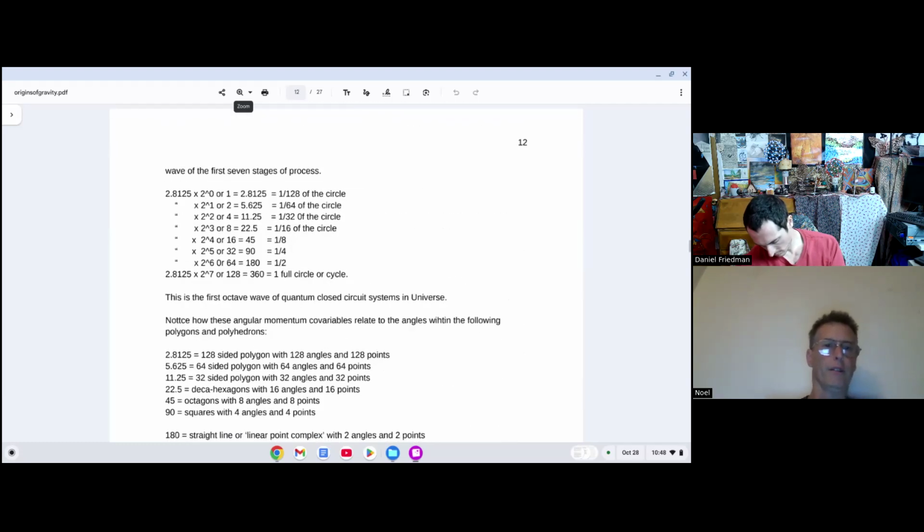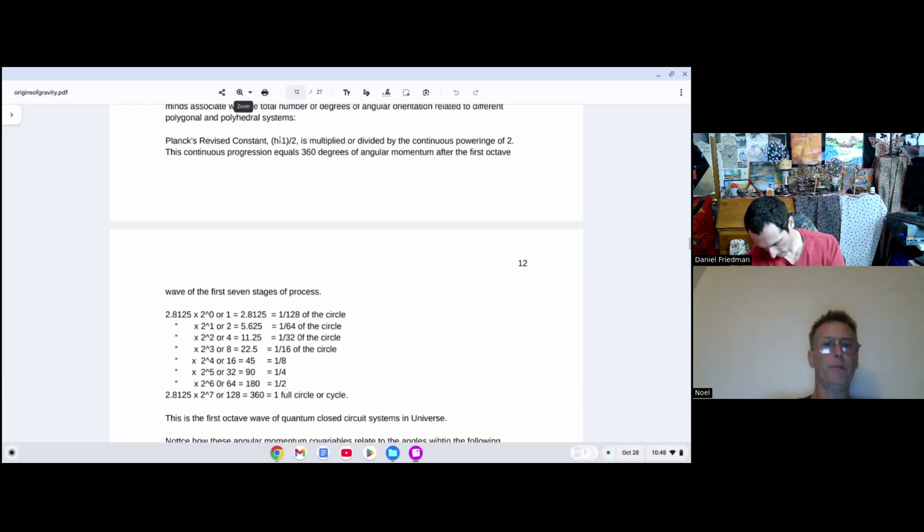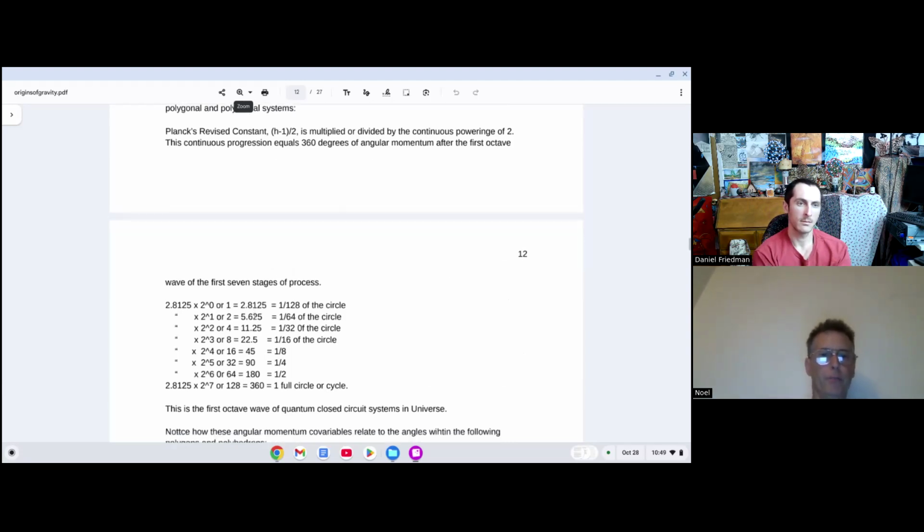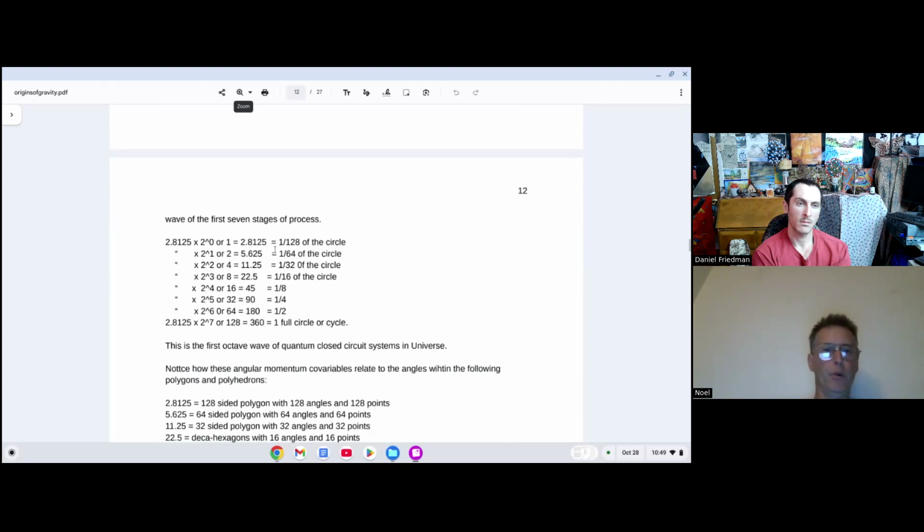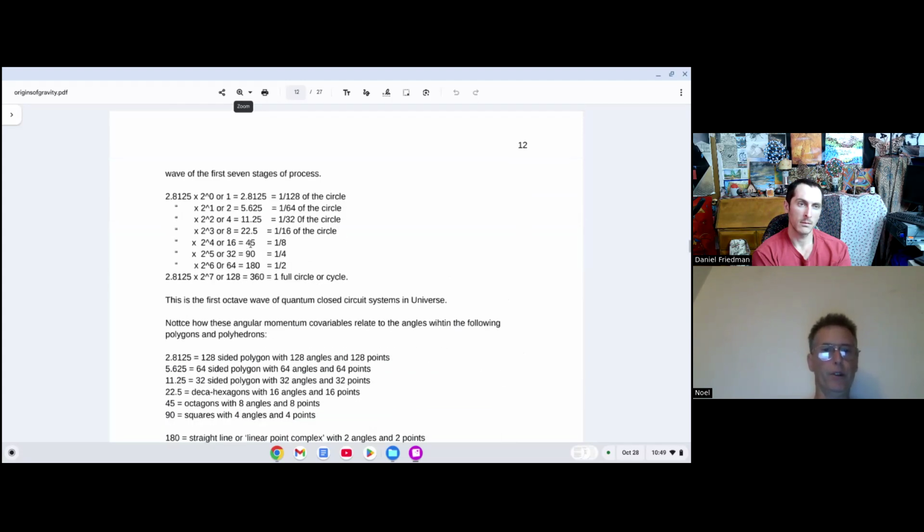You'll notice that when we use h minus 1 divided by 2, or 6.625 minus 1 divided by 2, we get the number 2.8125. When we continue to double this number, we'll notice that we get the angular momentum covariables related to 360 degrees, one full circle. So there seems to be a translational metric within synergetics, which is then enabling us to translate Planck's constant into angular momentum covariables.